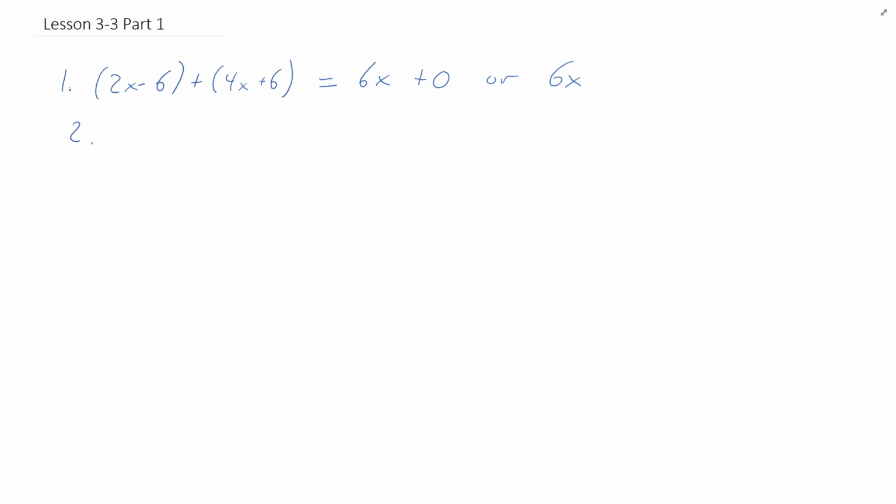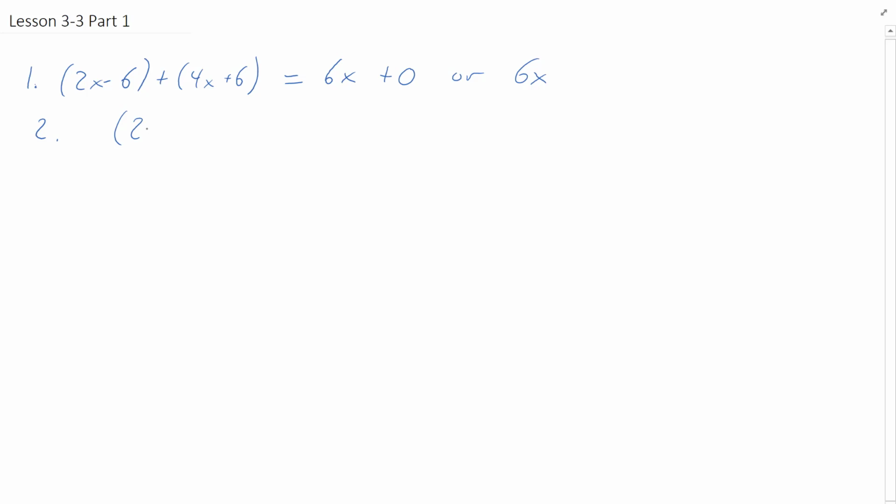In number 2, we have 2x to the third power plus 4x squared minus 3x plus 6 plus 5x to the third minus 8x squared plus 5x minus 2. And again, since we're adding the two polynomials, we just need to combine the like terms.